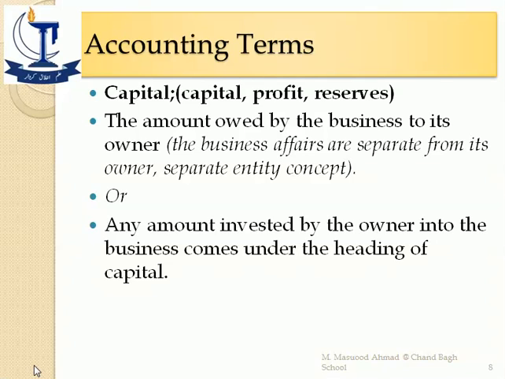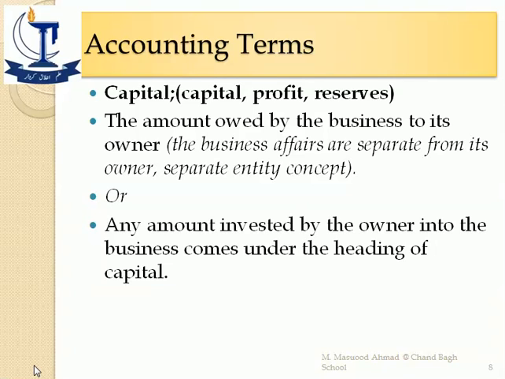So the definition of capital could be the amount owed by the business to its owner. The business affairs are separate from its owner. That we have learned in the separate entity concept. So here, all the valuable things which are contributed by the owner into the business are known as capital, or any amount invested by the owner into the business comes under the heading of capital.